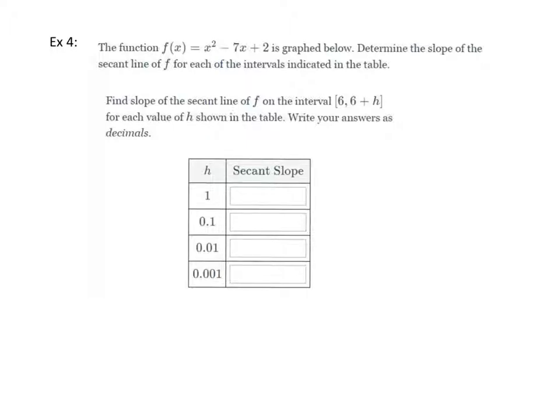So just as a recall from the previous slide, we're going to use this definition, right? So the slope of the secant line is going to be f of a plus h minus f of a divided by h, where in our case the a is 6.